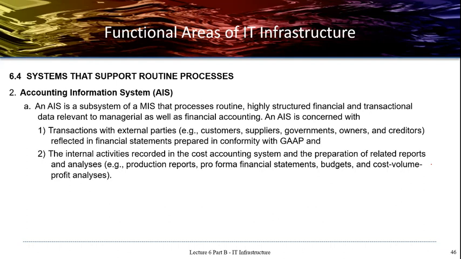Managerial accounting is for management purposes, and financial accounting is for different parties like the tax department and the board of directors. So transactions with external parties, customers, suppliers, government, owners, and creditors are reflected in financial statements prepared in conformity to GAAP. So GAAP standards we can use.